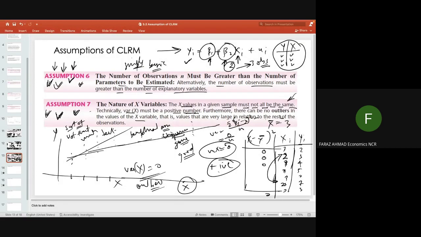Then the last point is there should be no outliers. The last point tells us it is advisable and good to have our fixed x values close together, in continuation. It should not be that there is a continuation of some x values, then a discontinuation for a long distance, and then one more x at the end.